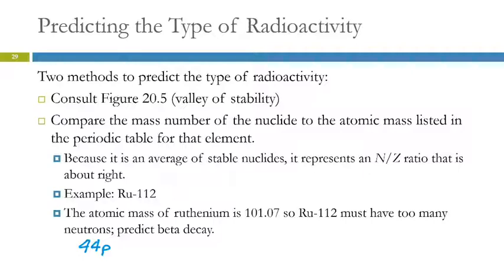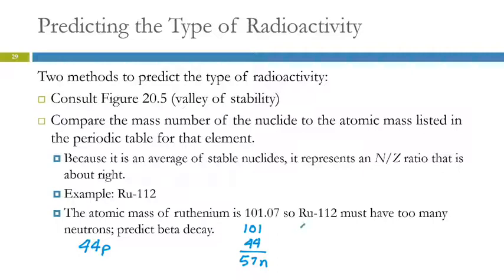So 44 protons. If we round this to a whole number, mass number of 101, we get 57 neutrons.